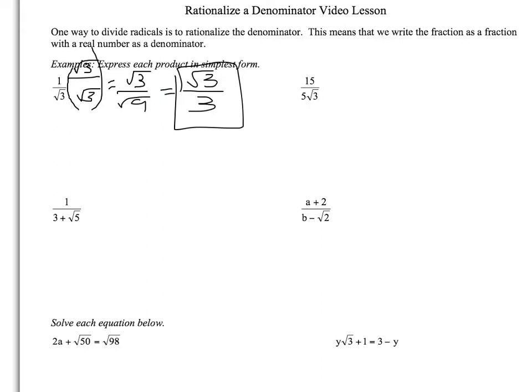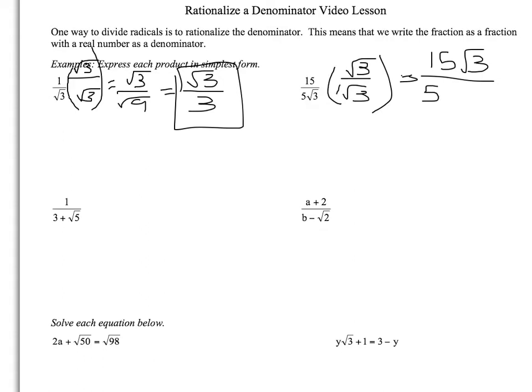Our next example, 15 over 5 radical 3. I need to multiply by the radical 3 to get rid of it. Now I could multiply by 5 radical 3, that whole denominator, if I chose to do so, but this will be a little bit easier for me. 15 times radical 3 is 15 radical 3. 5 times 1 is 5.